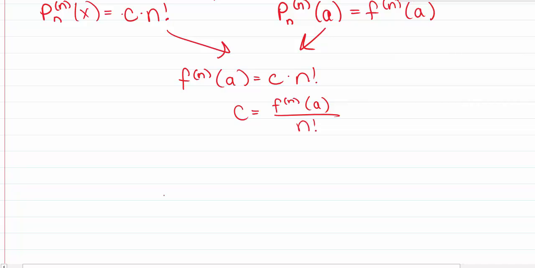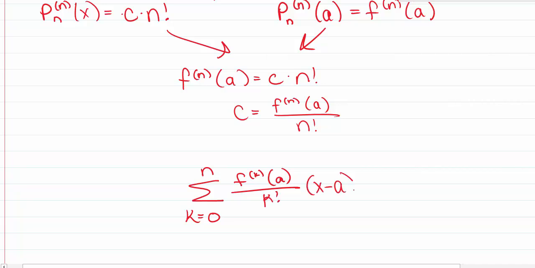That tells us that for every k starting at 0 and going up to n, the terms of our Taylor polynomial should look like the kth derivative at a over k factorial times x minus a to the k. And that's how we're going to write p sub n of x for all n.